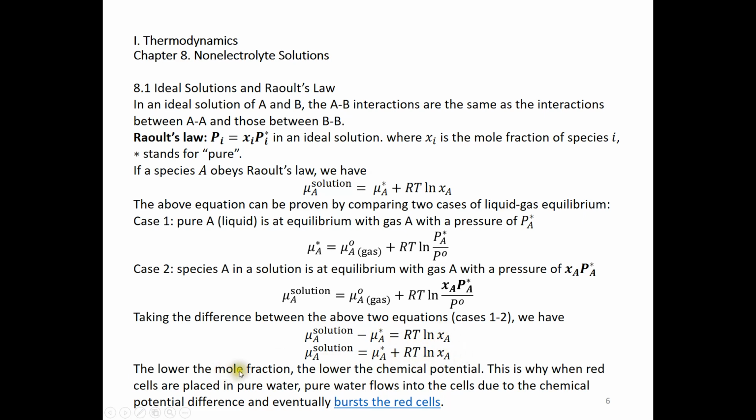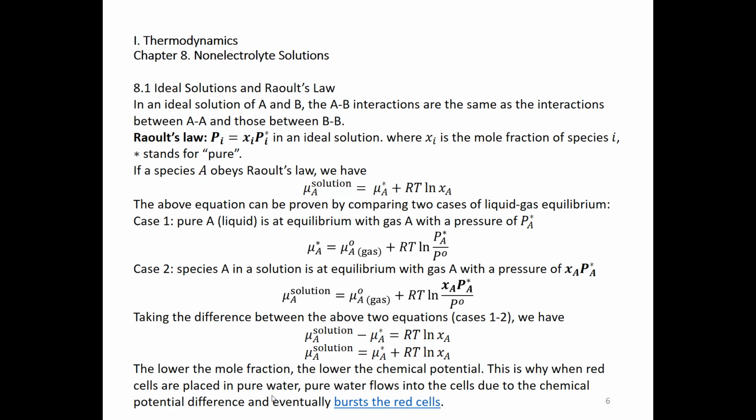Now, the lower the mole fraction, the lower the chemical potential, and this is why red cells are placed in pure water. You have a cell membrane that separates pure water outside and a solution inside. When you have an aqueous solution, the mole fraction of water is less than 1.